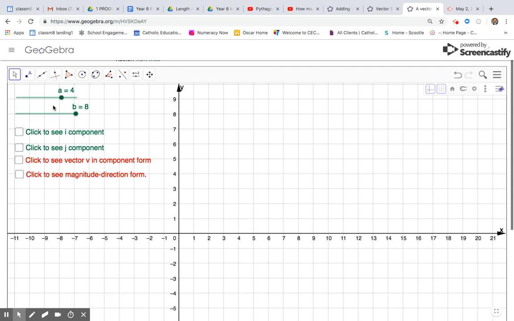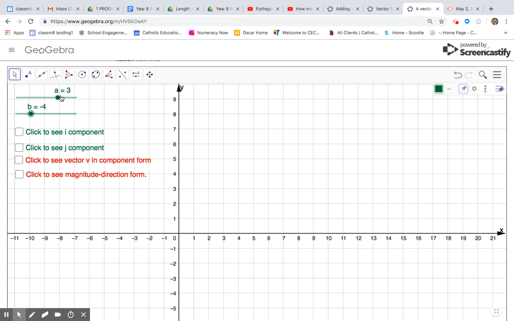If we change this a bit, let's make that, and we'll turn that into a negative. So it's going to have an x component of 3, so it's going to come out here, and then the y component is going to be minus 4. So in the long run, this is going to be down here.